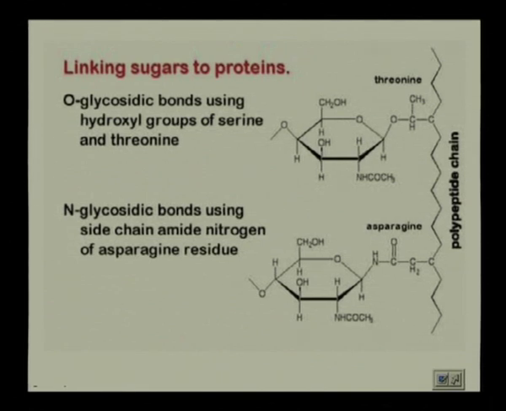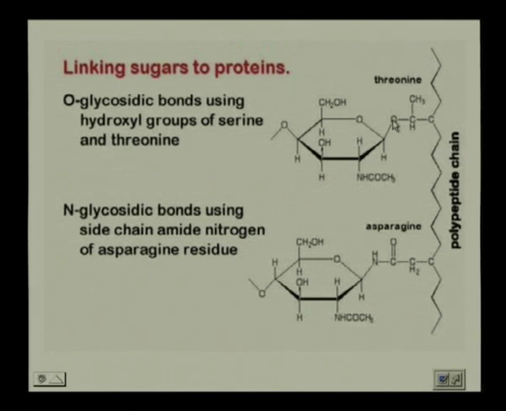Now, in the case of serine and threonine, we know what their side chains are. Serine is OH and threonine is CH3 and OH, right. If we have the linking of the sugar to the proteins, this is the polypeptide chain where we have a threonine. This is the CH3 of the threonine, this is the OH.